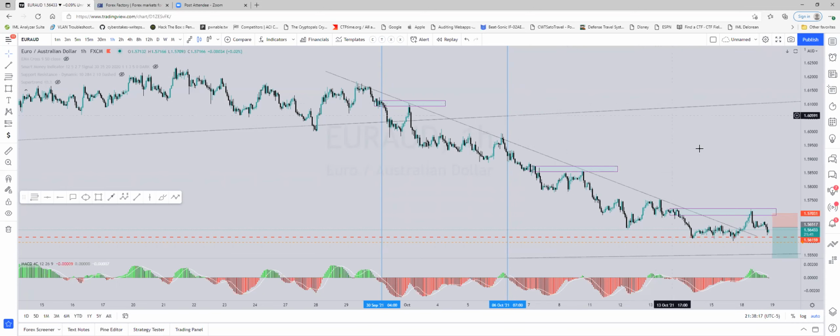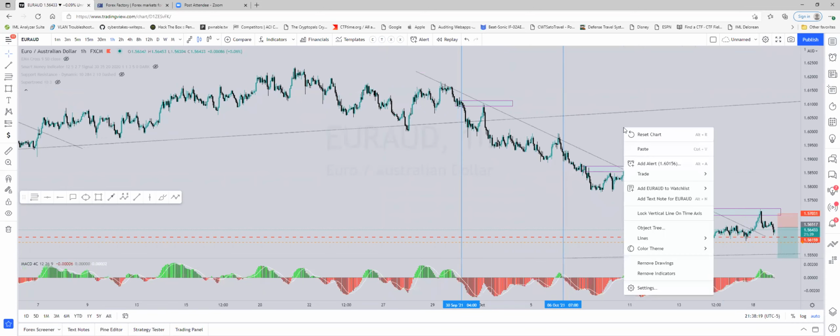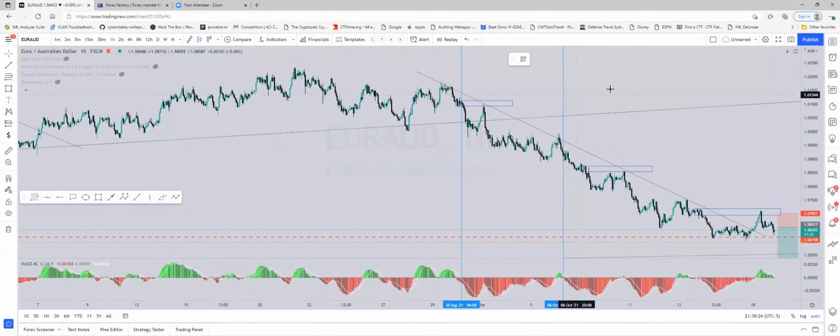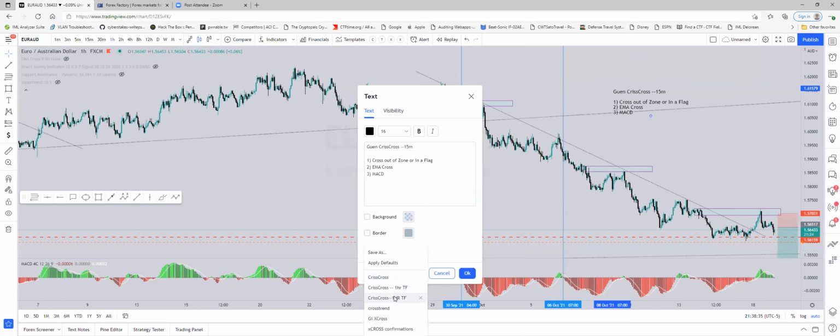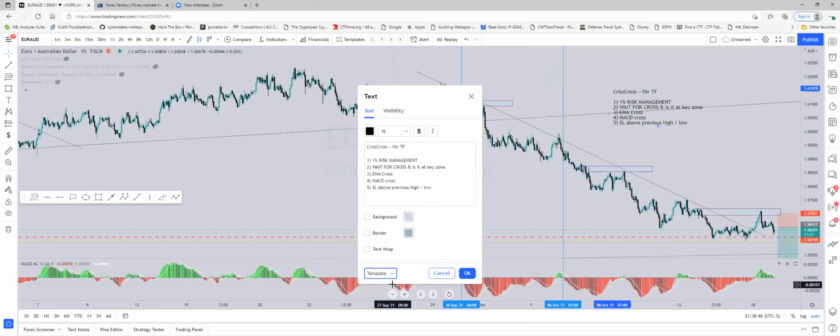You're talking about that template thing I had? Yeah, the rules for using CrissCross. You have to be in a zone for it to be high probability. You have to catch it from a zone. Remember, I covered it in one of the previous sessions, and you were like, I'm glad you covered this.